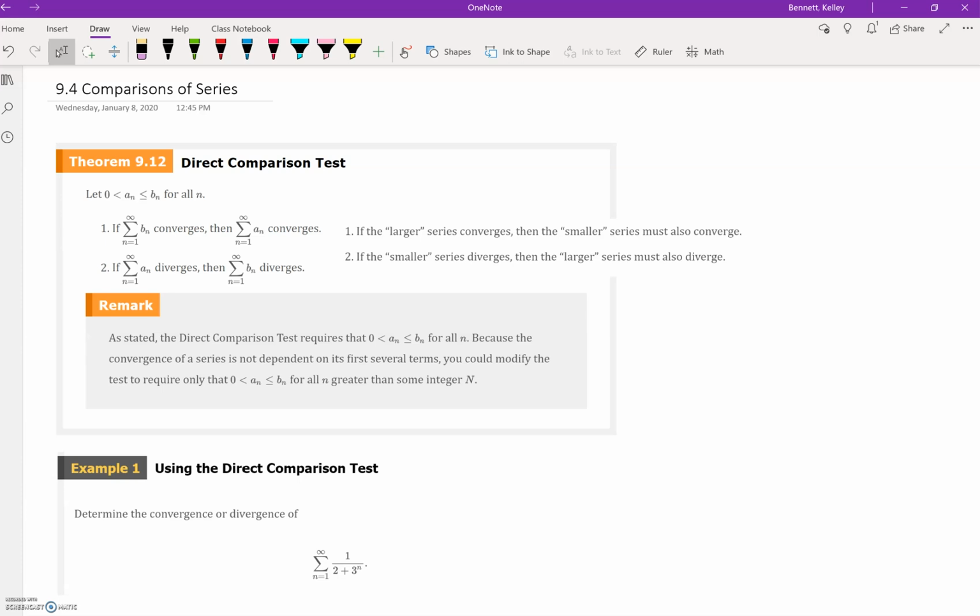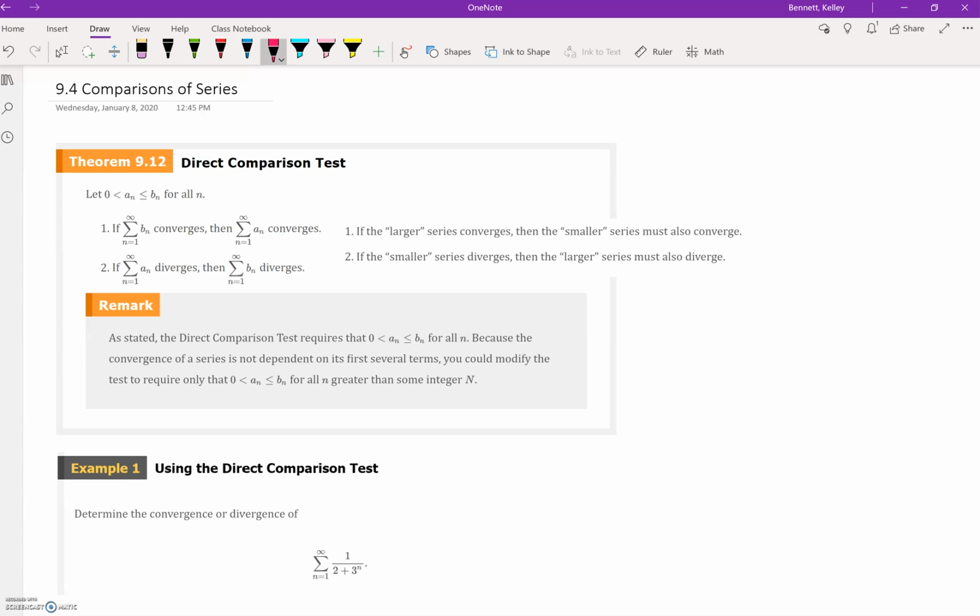So we're going to start with Theorem 9.12, the direct comparison test. It just says that if you have a series where the terms in the series are a sub n and b sub n, then there's a way of comparing term by term that gives you some idea on the convergence of the series themselves. Here, every term in the sum of a sub n is less than the b sub n terms.